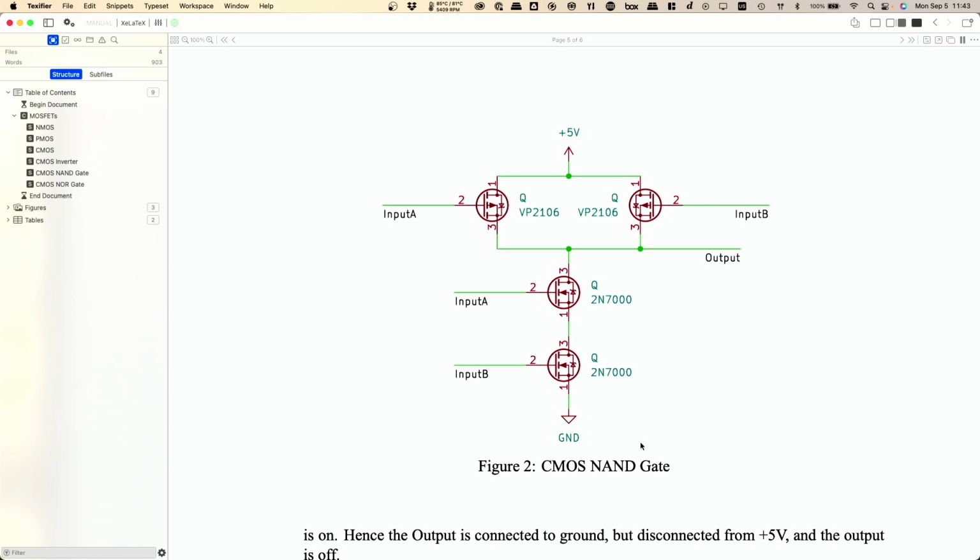So the PMOSs, how do I know that these ones at the top are PMOSs, by the way? There's several ways. They have a P in the part name. You'll notice the arrow is pointing in, whereas the other one, it's pointing out. And then the part numbers are different, right?